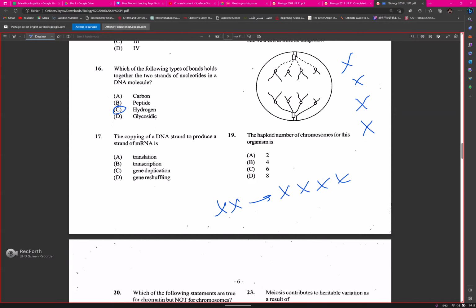Then it will split in anaphase. So I would believe that the haploid... what would be the haploid number? For sure. Alright.